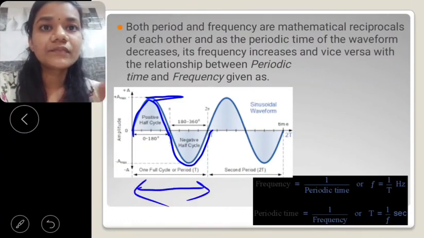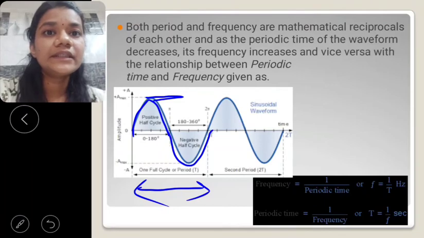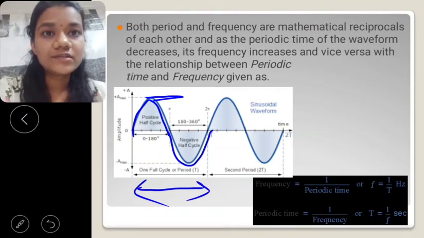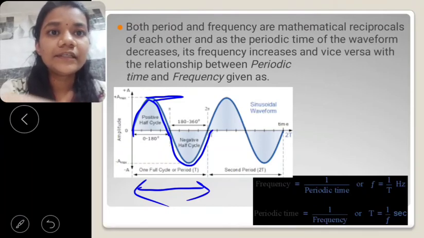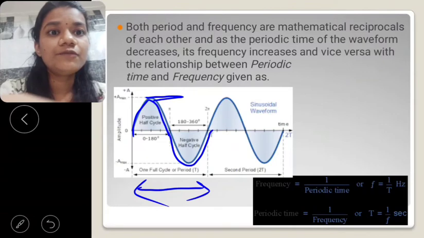It has 0 to 360 degree variation. The positive half indicates 0 to 180 degrees, and 180 to 360 degrees is for the remaining negative half. By adding the positive and negative half cycles, we get one full cycle period.